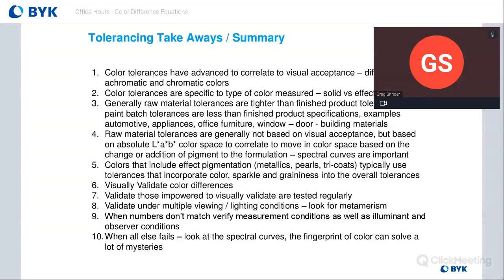Generally, raw material tolerances are tighter than finished product tolerances. So a paint batch, for example, is going to be much tighter and much smaller than that for an automotive plant or appliance manufacturer, office furniture, building materials of all different types. And those different processes all have unique variables to them, and color measurement can be used to help control the processes also, not just be a pass-fail on finished color tolerances.